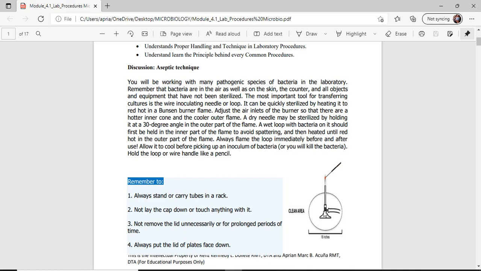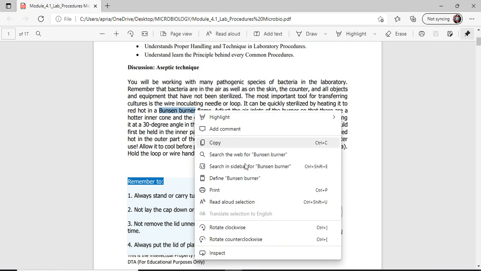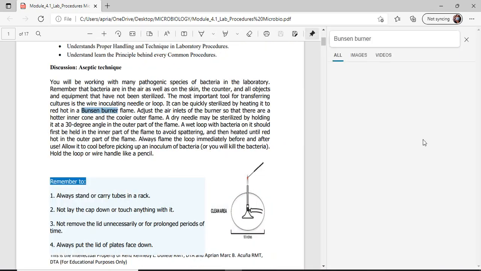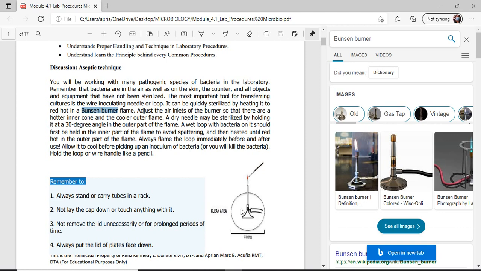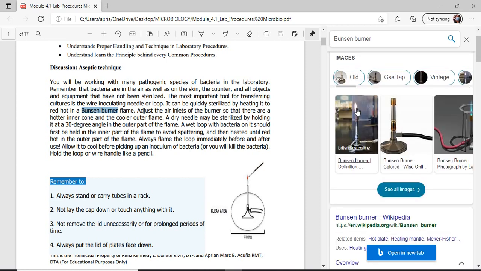For those nga wala pa kakita sa Bunsen burner, okay, ano yung tsura. This is what a Bunsen burner looks like. Okay, tignan sa picture, pero mas may color naman. So, Bunsen burner here.